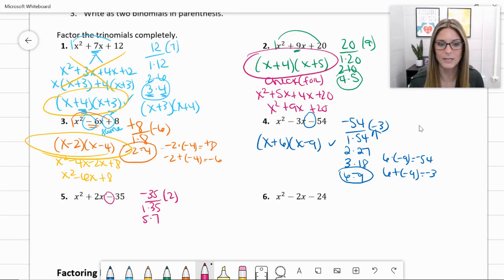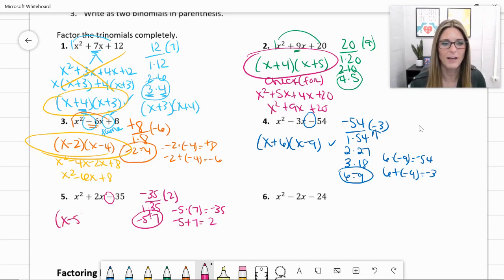So I know they're going to be different so that they multiply to make a negative. And I need them to add up to a 2. So I'm going to put a positive on my largest number. So that means I'll need a negative on the 5. Let's check it. Negative 5 times 7 is negative 35. Negative 5 plus 7 is positive 2. Does that fit? Fits. All right, x minus 5, x plus 7.